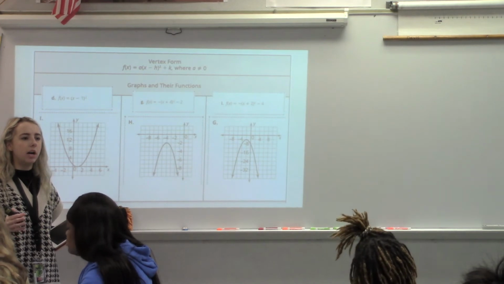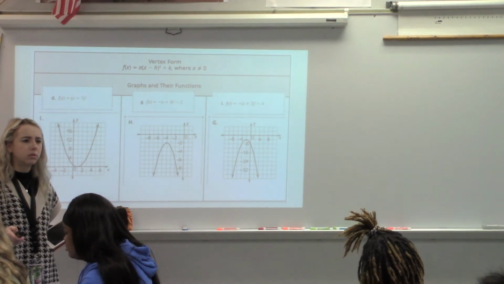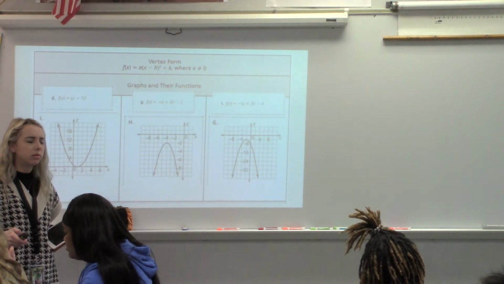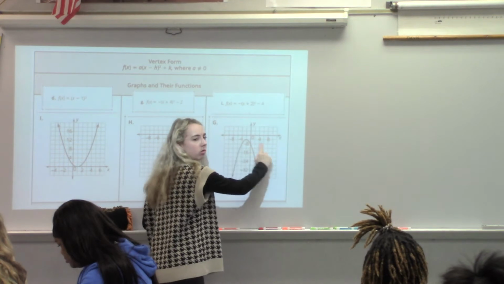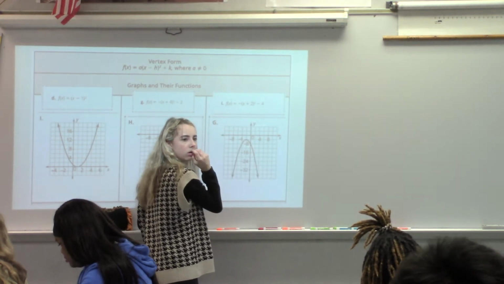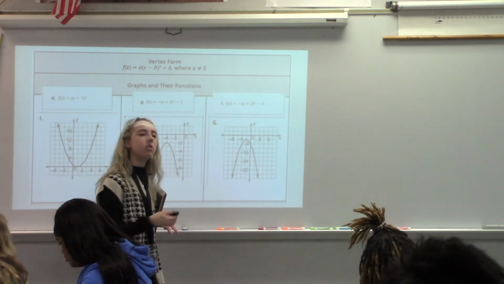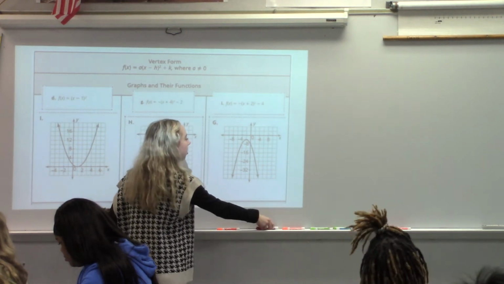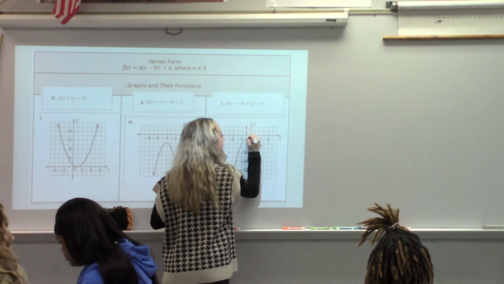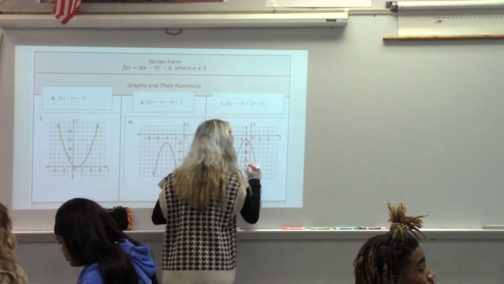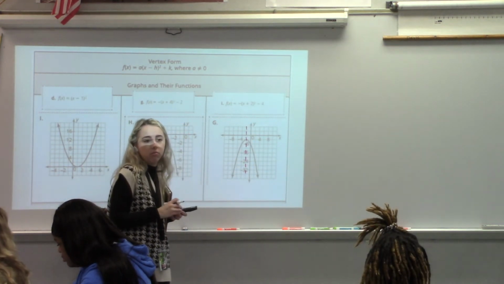It's a vertical line. Everywhere down here, my x value is -2, and y is just whatever it is.